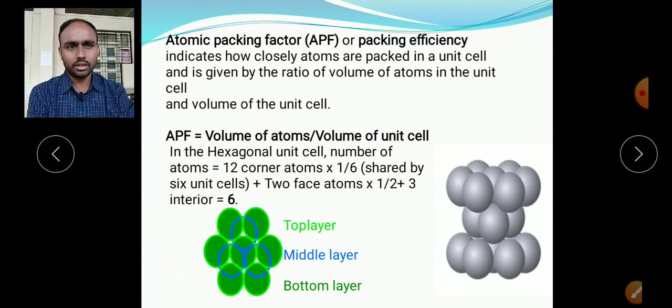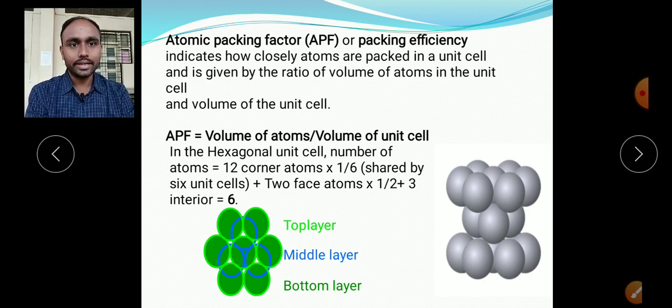First of all, again I have given the definition of atomic packing fraction. In the last few videos we called it packing fraction or packing efficiency, but more clearly we can say atomic packing fraction, atomic packing factor, or atomic packing efficiency.